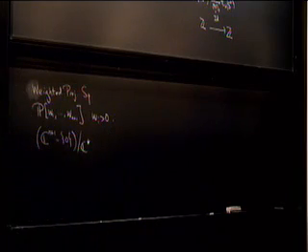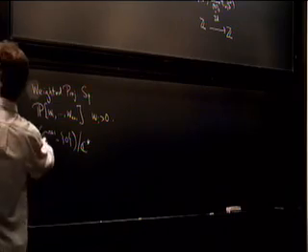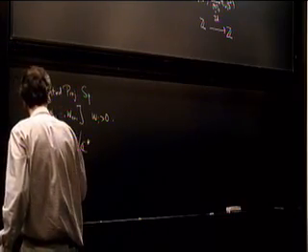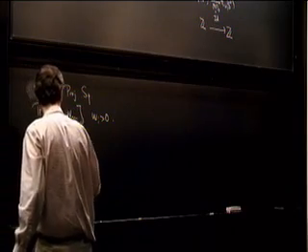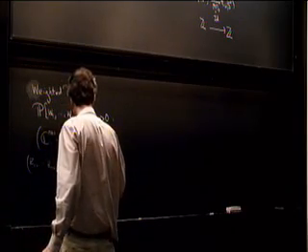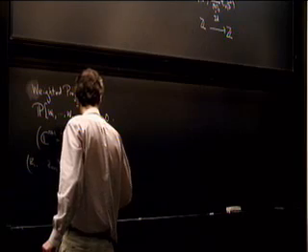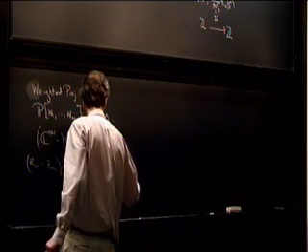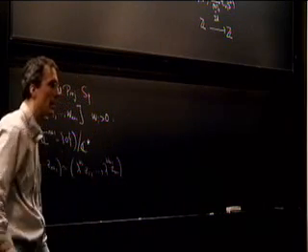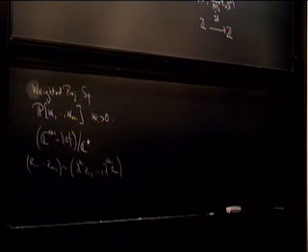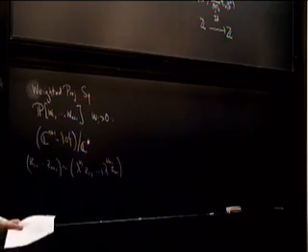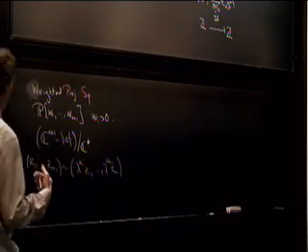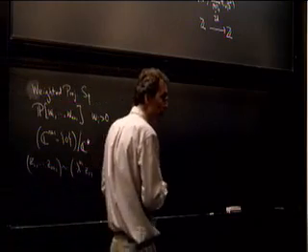But now Z1 through Zn plus 1 is identified with lambda to the W1 Z1 through lambda to the Wn plus 1 Zn plus 1. So we have different powers of lambda here. And this will again give you a C star bundle over weighted projective space.